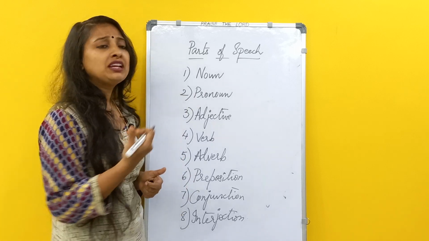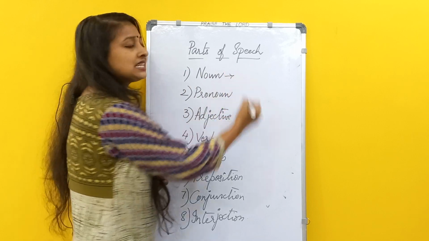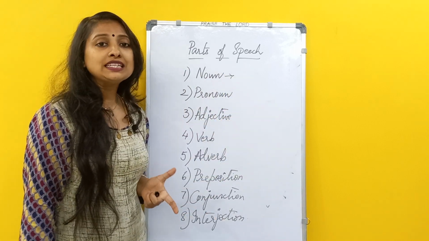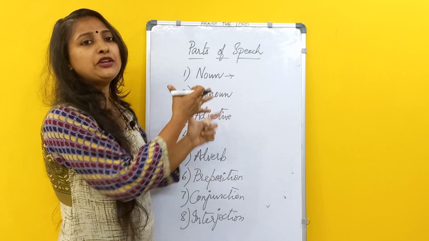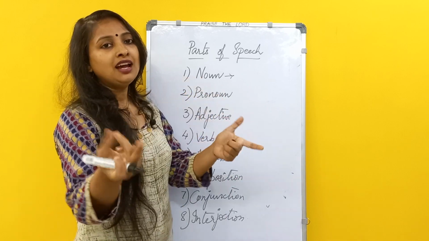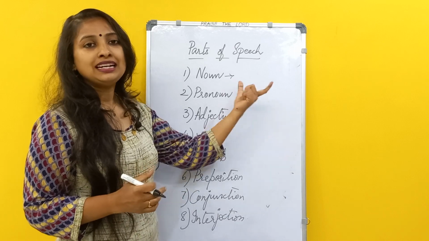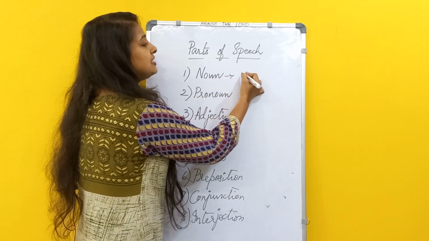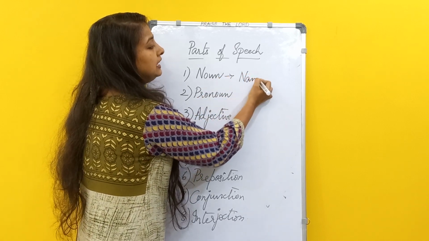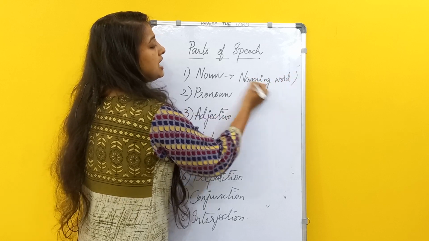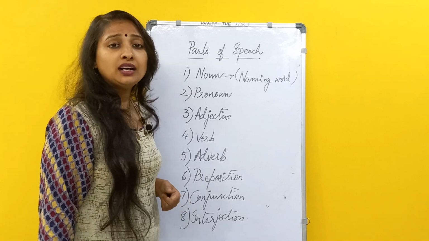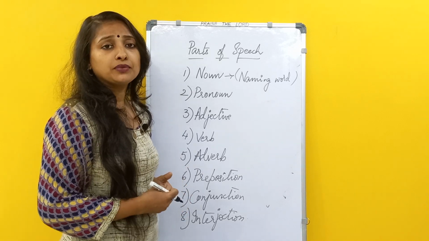So today, we know what a noun is. For simple understanding, I'll give you a one-word definition. A noun is, in simple terms, a naming word. What does it name?